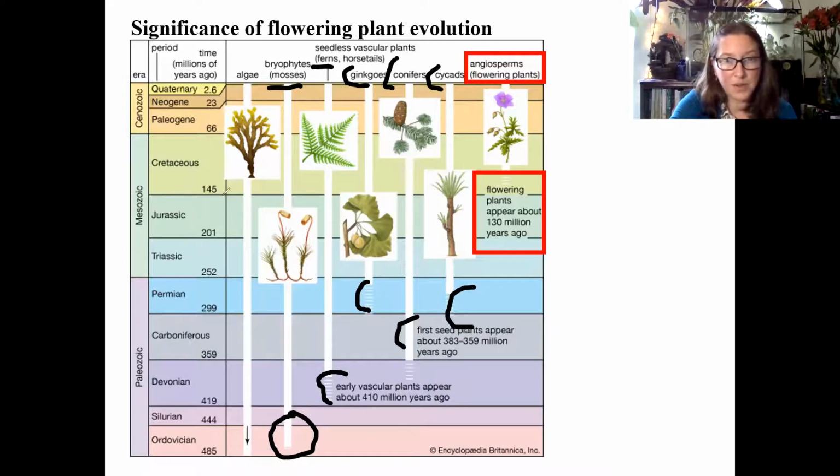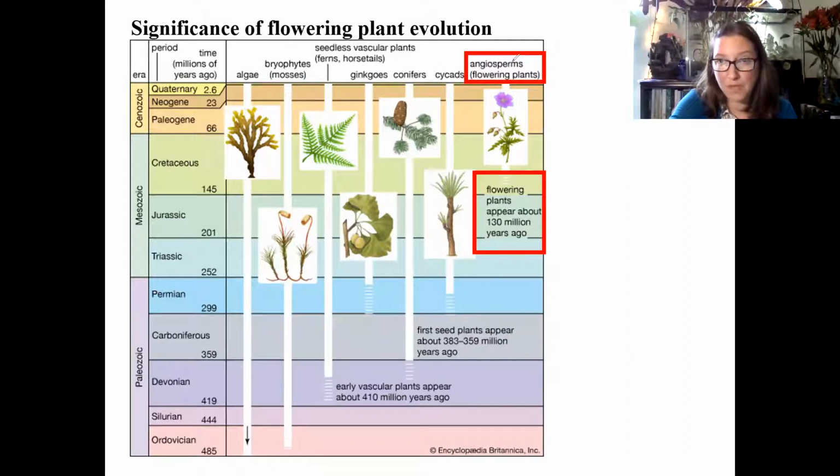Notice the Jurassic period is right here. So dinosaurs would have had the ability to eat ferns and ginkgo, maybe some conifers, and definitely cycads, right? I'm getting distracted thinking about dinosaurs. The point is that, look, here's angiosperms, and they show up way later, only about 130 million years ago, give or take.